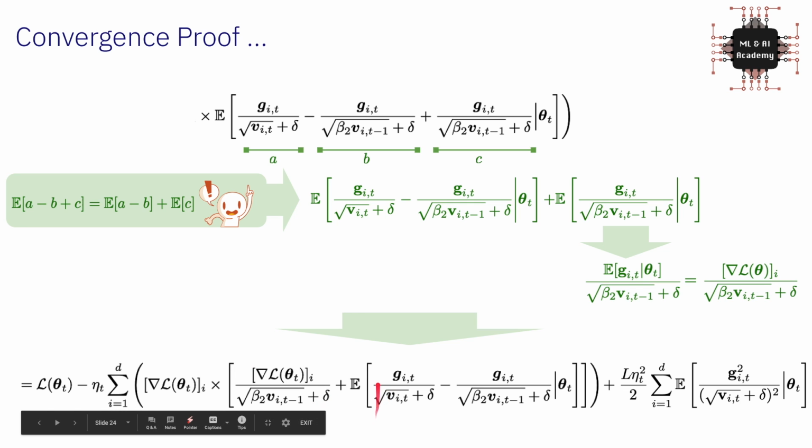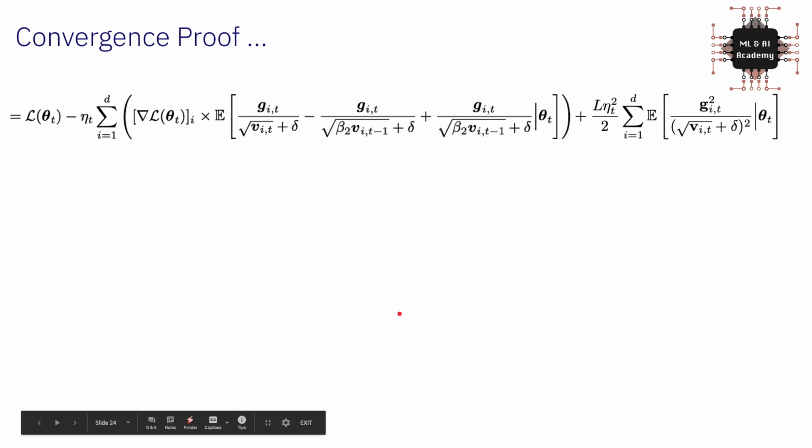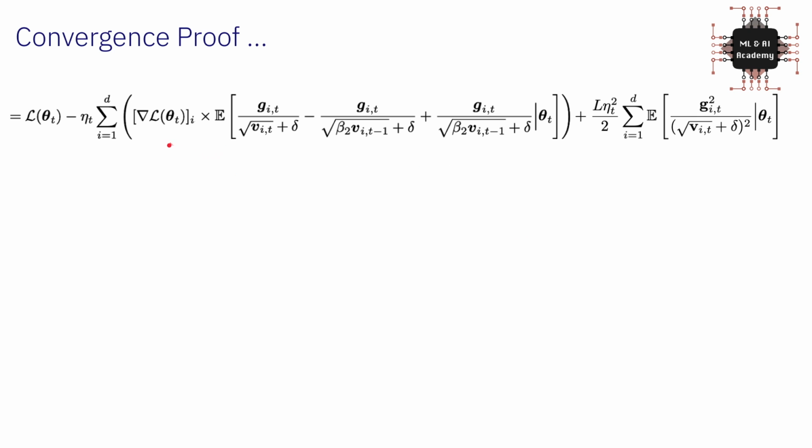So what we did effectively is we took, right, so let me recap just to better understand this. So remember, this was our original equation. Then we started dealing with this term here, where we said, okay, this is E of A minus B plus C, which is E of A minus B plus E of C. And now E of C happened to be gradient over square root of beta 2 V_{i,t}.